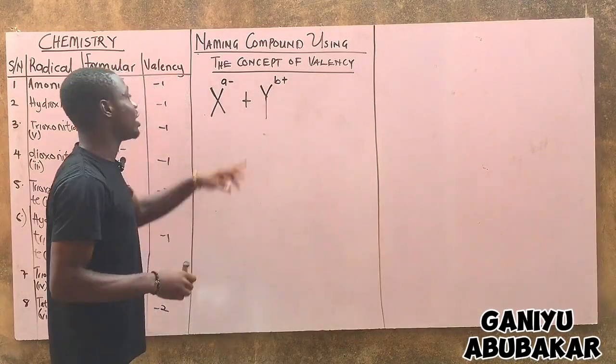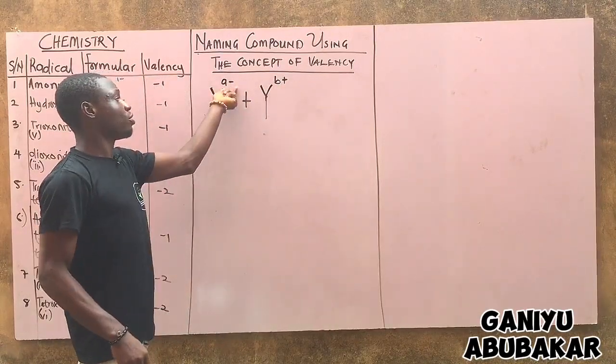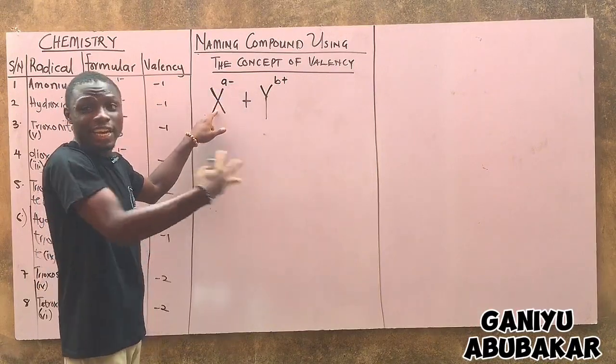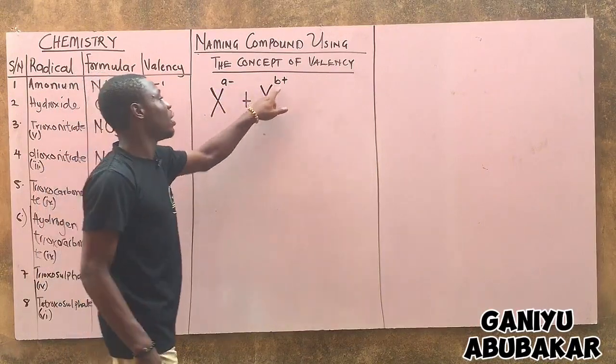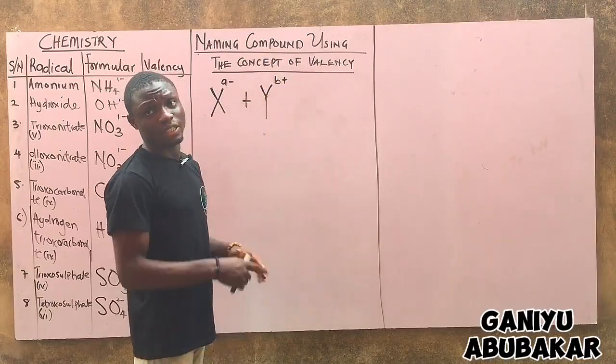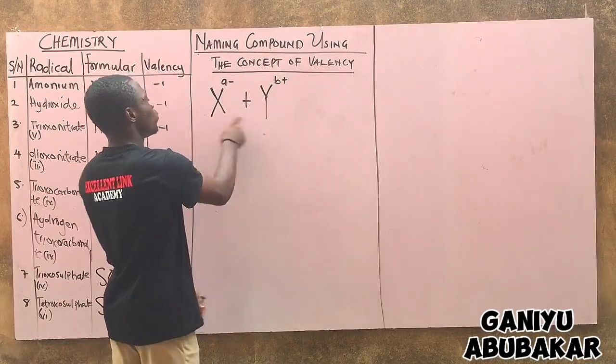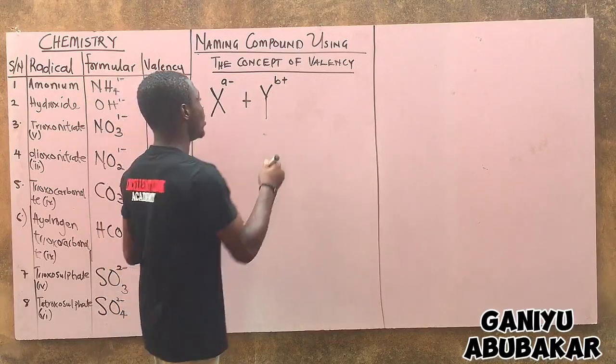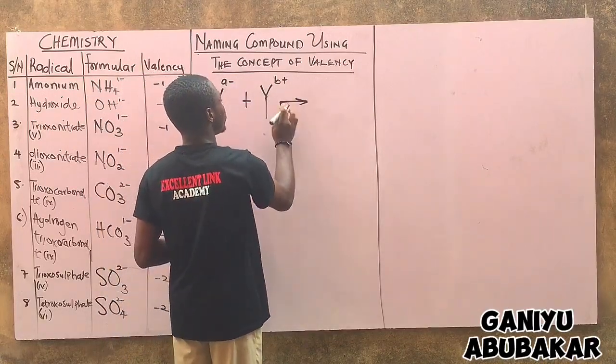That is, they are opposite charges. This means X is gaining one electron and Y is losing one electron. So they must be of opposite charges. If these two elements want to combine to form a compound, the compound becomes something of this nature.